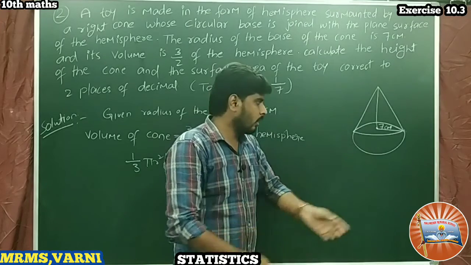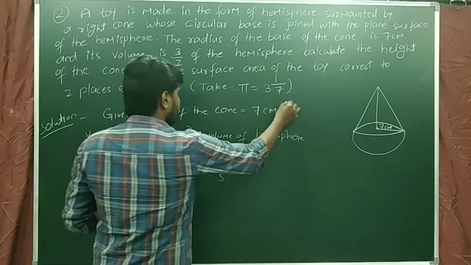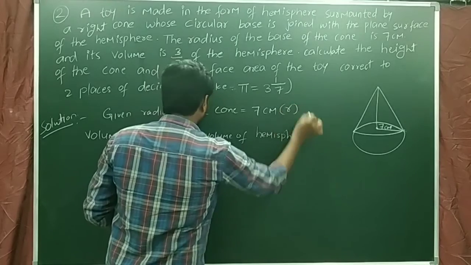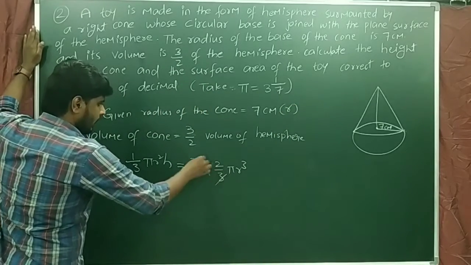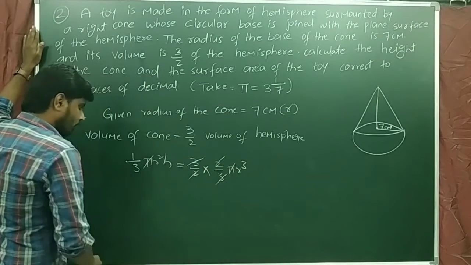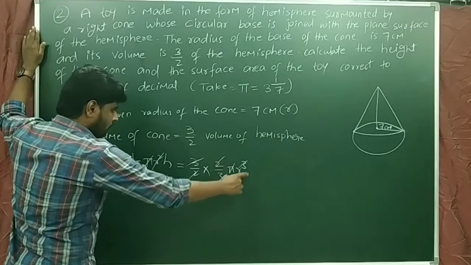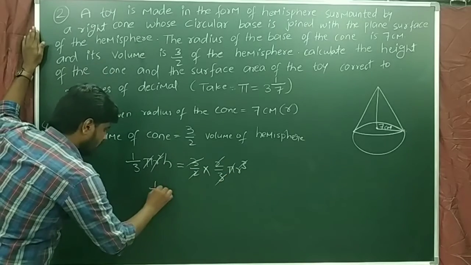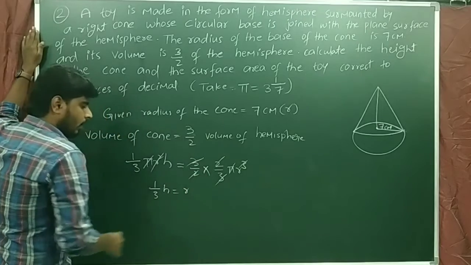Okay, that is why they are having the same radius. So this is r, both sides. So here 3 gets cancelled, 2 gets cancelled, pi gets cancelled, and r square, 1 r remaining here. So it becomes 1/3 h is equal to 1 r remaining here, isn't it?